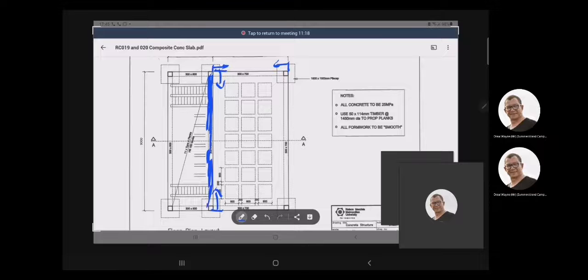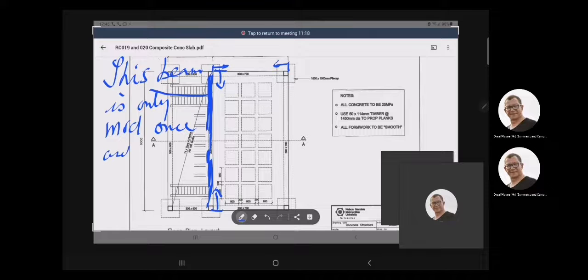twice. Now I want to make a note here that this beam, as this is part of the recording, is only measured once and not twice.